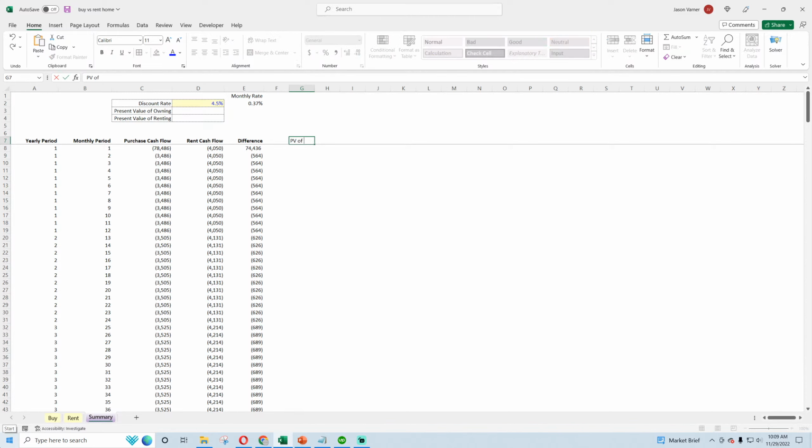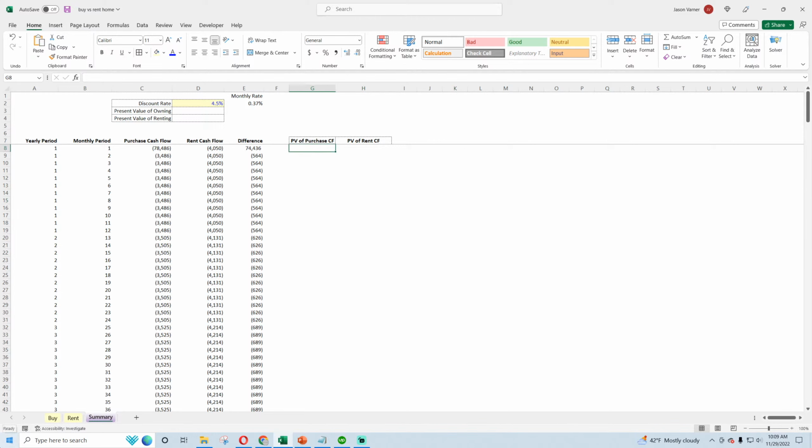Now to discount, PV of purchase cash flow, PV of rent cash flow, and actually let's abbreviate this to CF. And again, we're looking at negative numbers, but we want to see what's the least negative, because that would be the most financially beneficial, because it's essentially saying the cheapest.